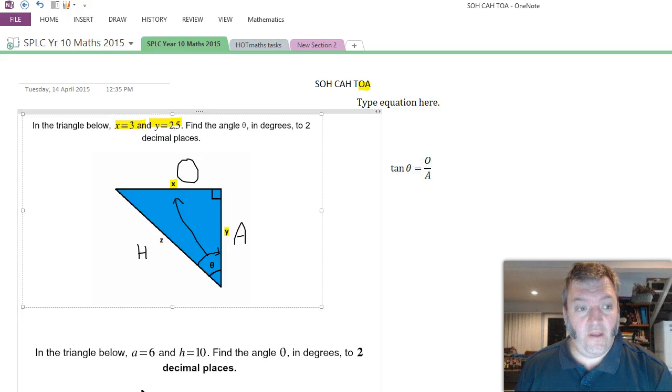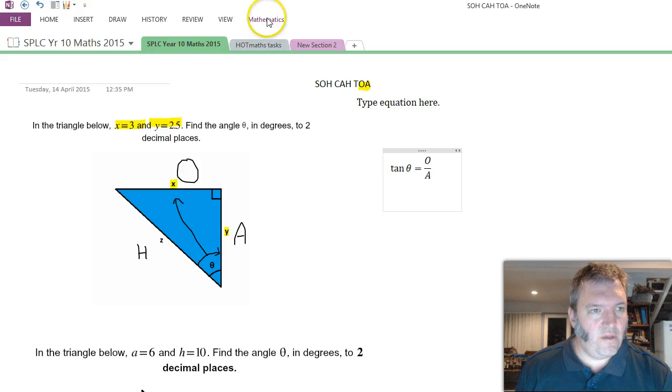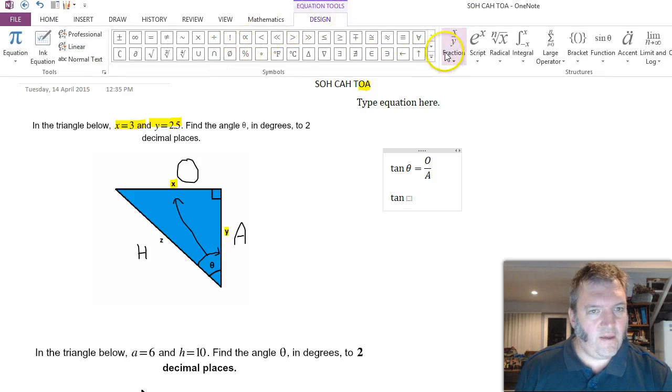Now we go ahead and we fill in the values that we know, and then we go ahead to solve the equation. This time we're finding an angle. So I have the tan of theta again.